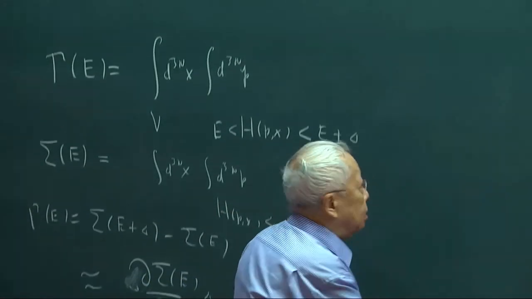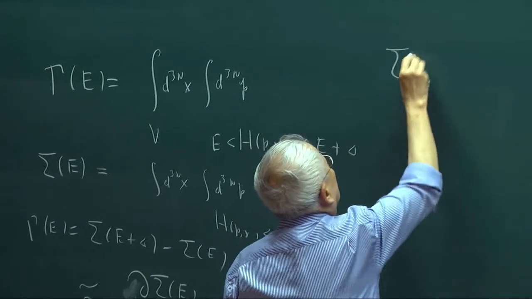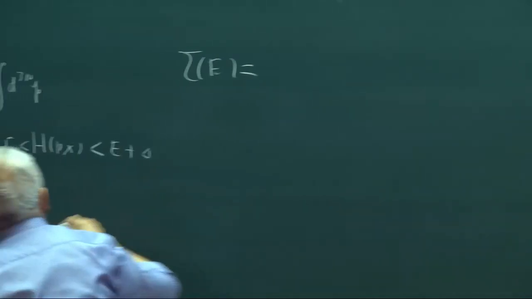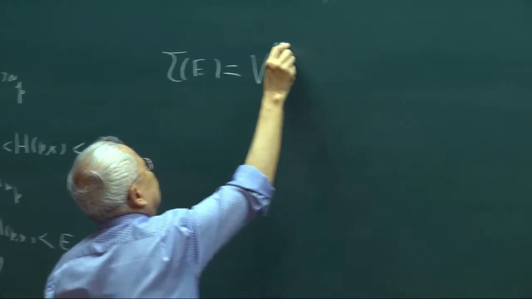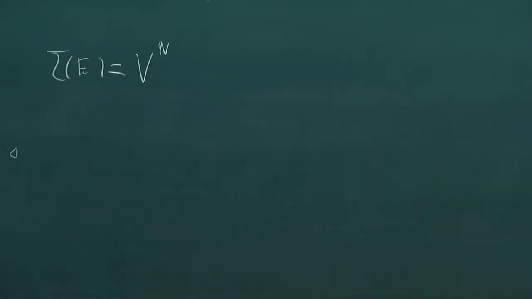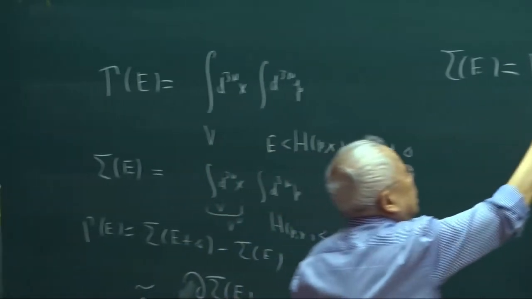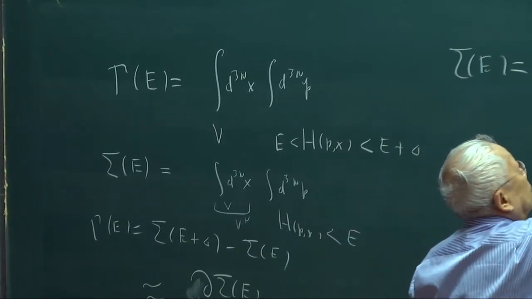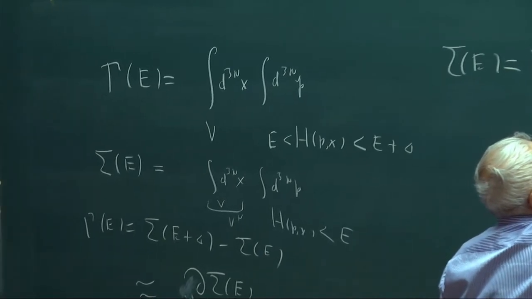Now sigma is equal to this. The x integral just gives you V to the N. And the p integral is the integral dp1 dp2 up to dp3N.